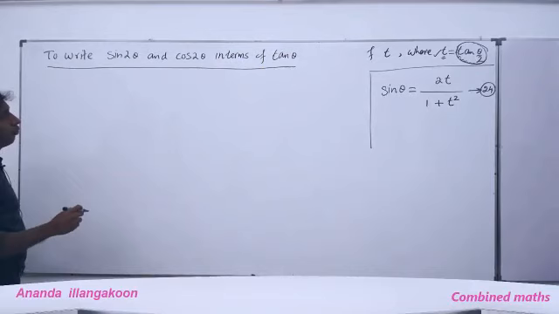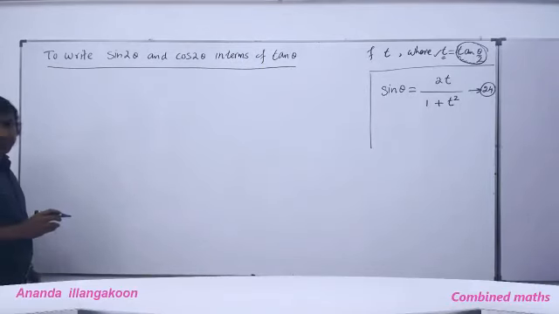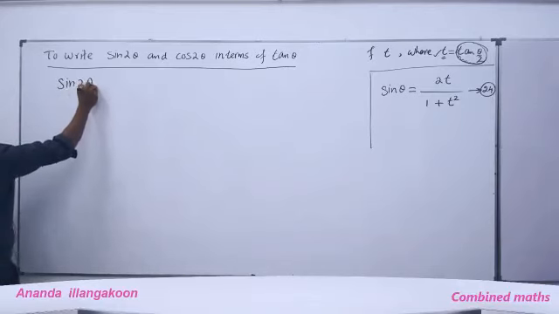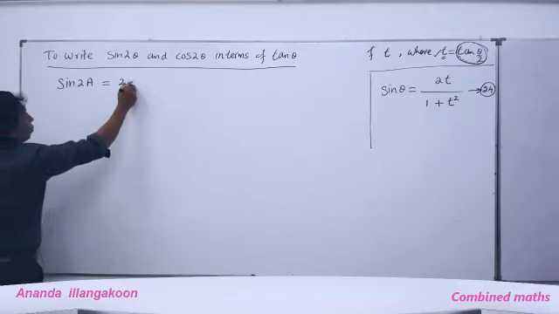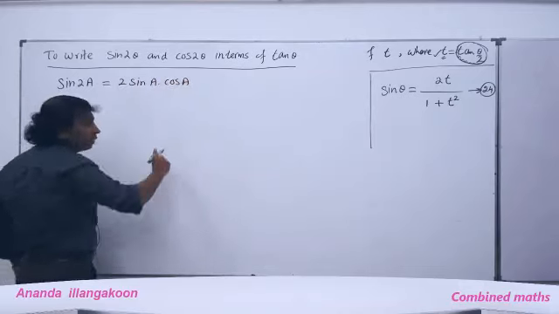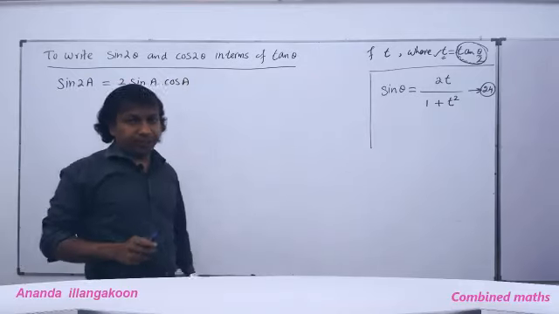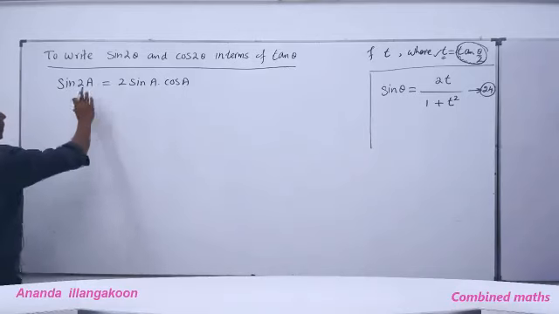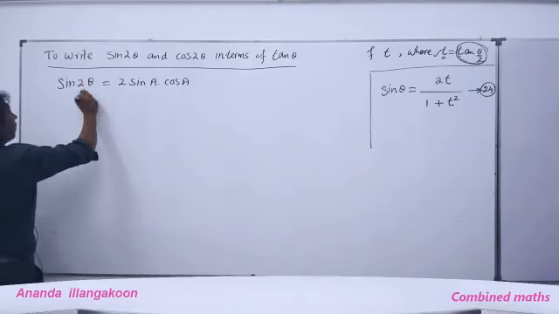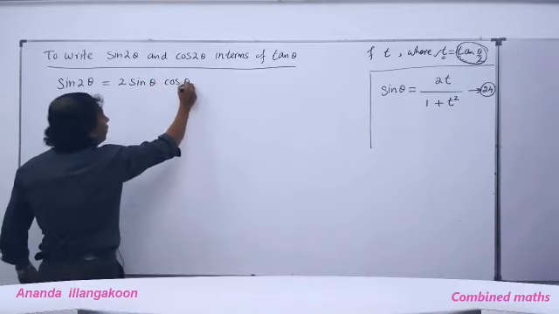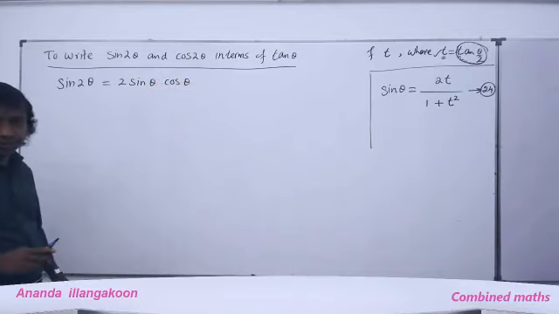For this, what I use is the sin 2A formula, which is 2 sin A cos A. This comes from formula number 15. Now I write for this A the angle theta, then we get sin 2 theta.